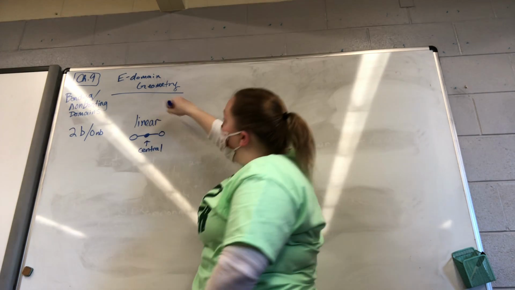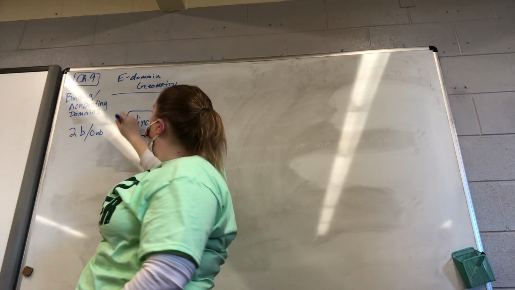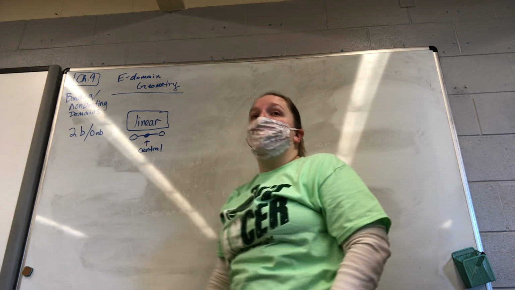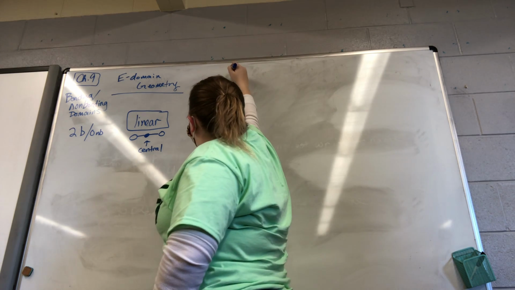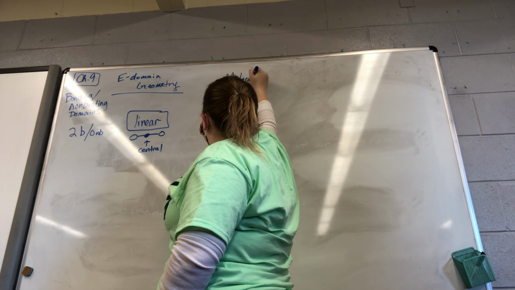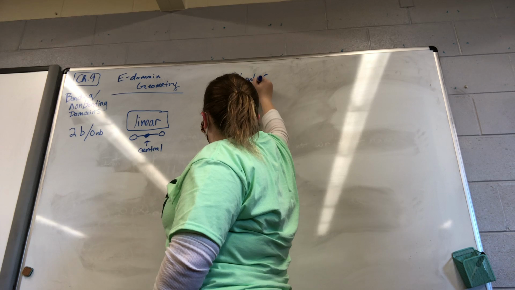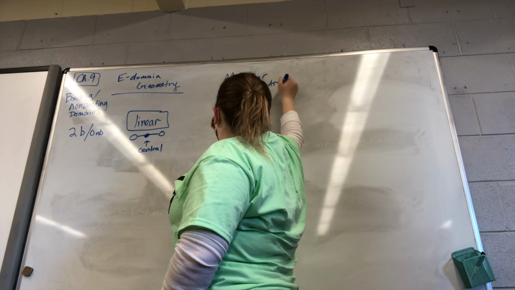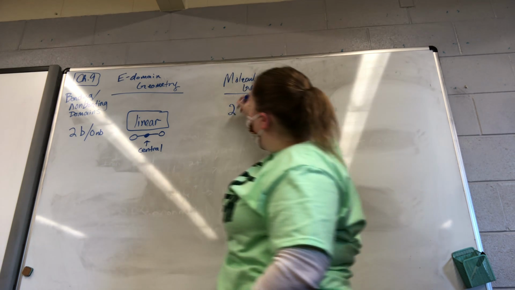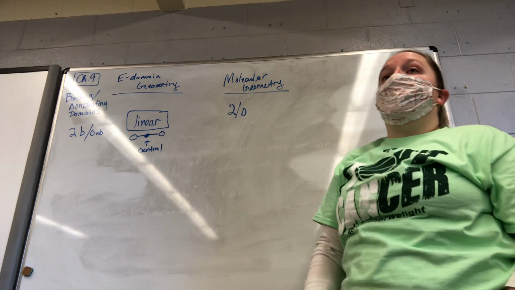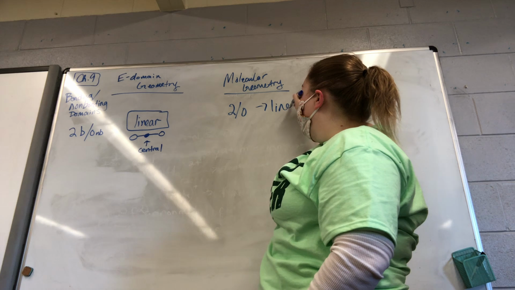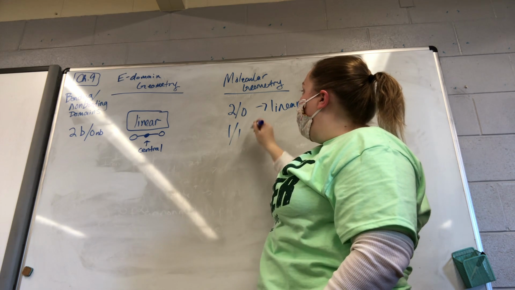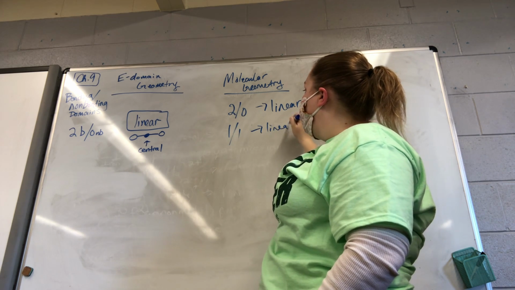The linear electron domain geometry, the term linear is, of course, its geometry, all right? The molecular geometry, if 2 things are bonding and nothing else is non-bonding, is linear. If 1 and 1, still linear.